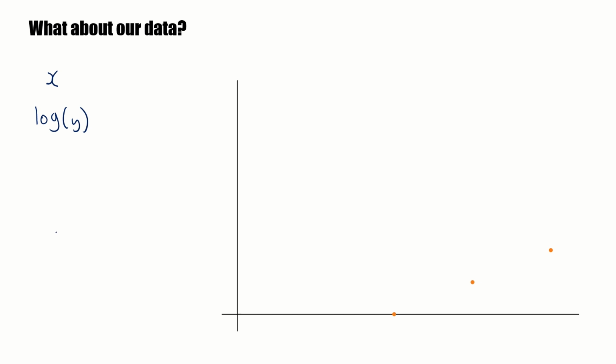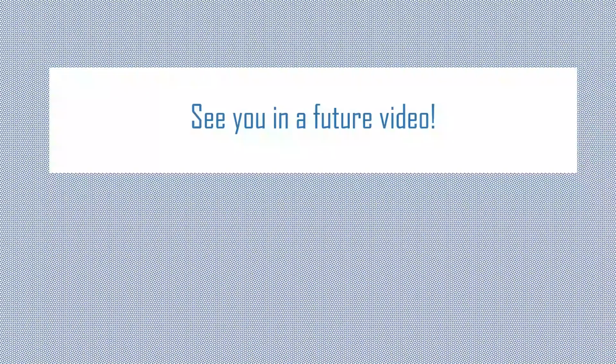If we now try to fit a straight line to these data points, then we can see conveniently they do line up in a linear relationship, and therefore as log of y against x formed a straight line, we know the original data must be forming a curve of the format y equals a lots of b to the power of x. And that will do us for today's video.